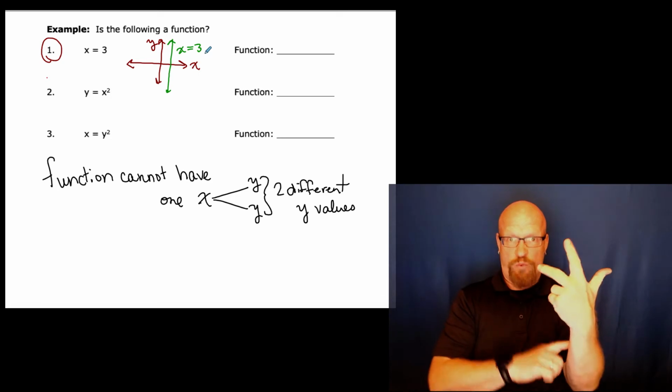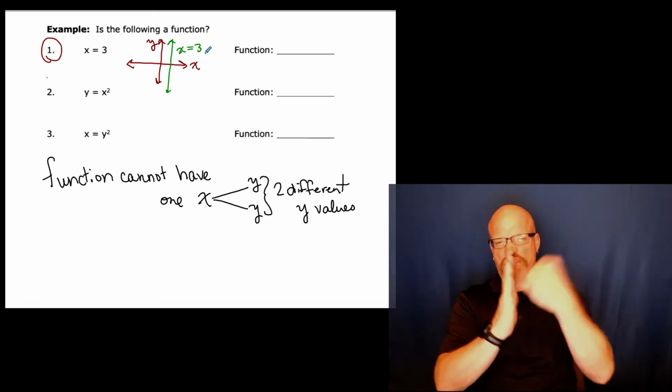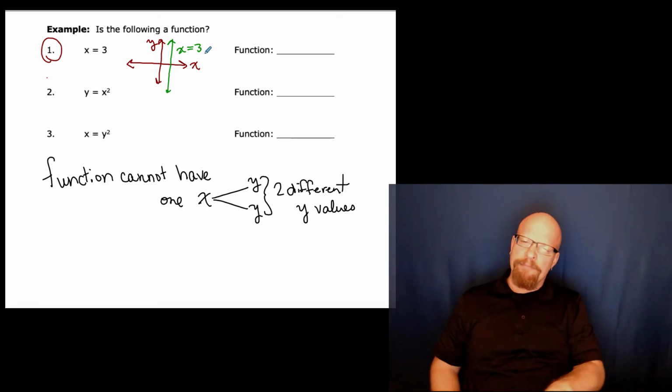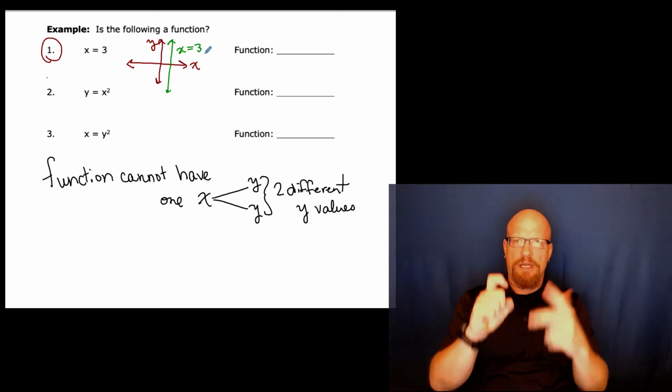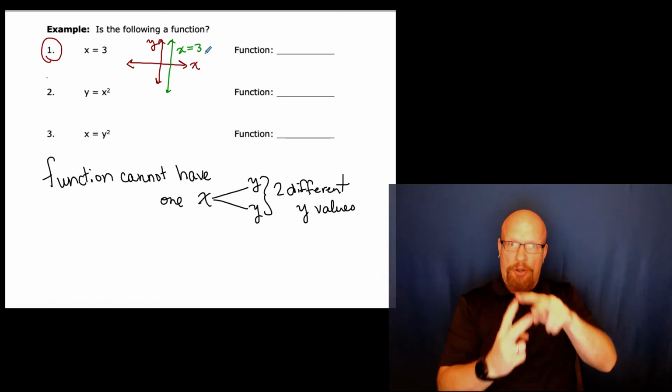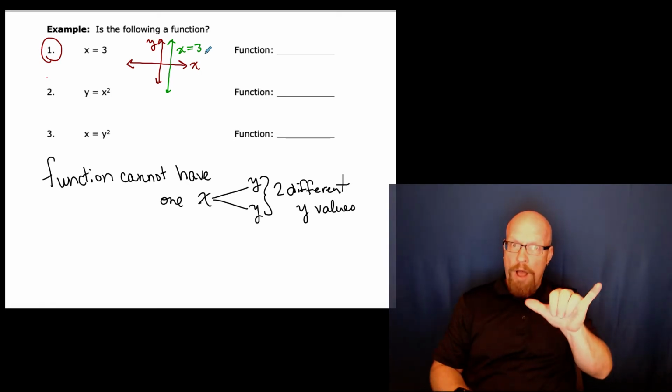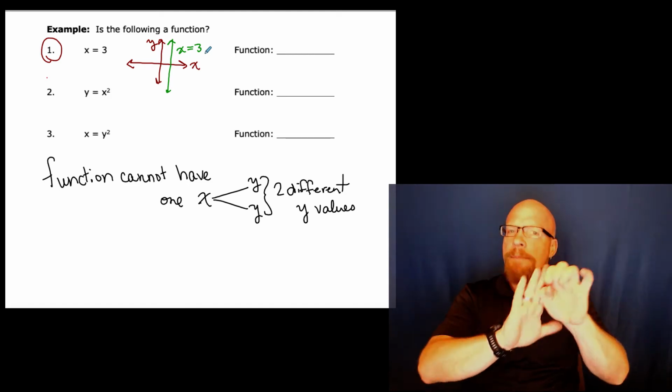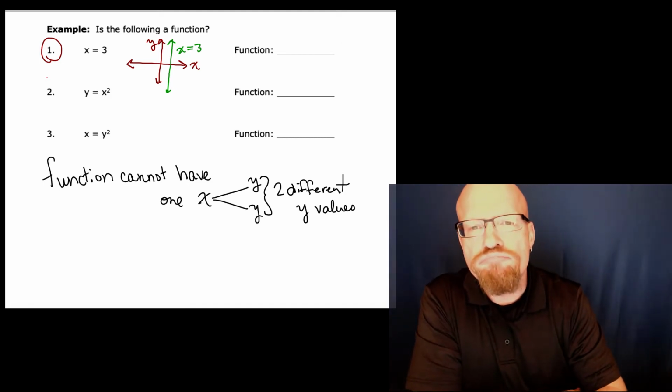Now, when x equals 3, the rough sketch I have here, this is what it looks like. If x equals 3, it means the pairs always have 3 in the x position, but the y value is always different.